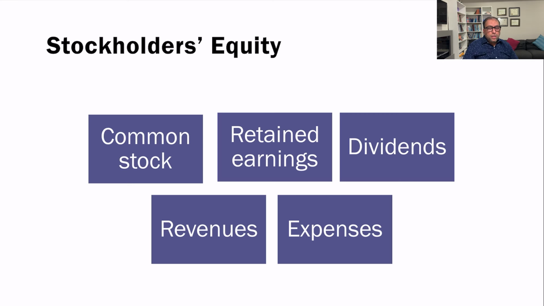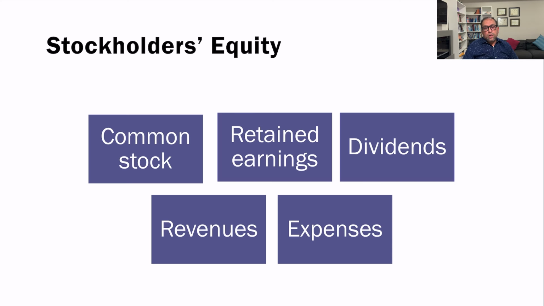So all the transactions which are going to affect the stockholders equity are the change in common stock, whether we issue more stocks, so we add to the common stock, or retained earnings. If there is an increase at the end of the accounting period, if the income is increasing, that is an increase in the retained earnings.